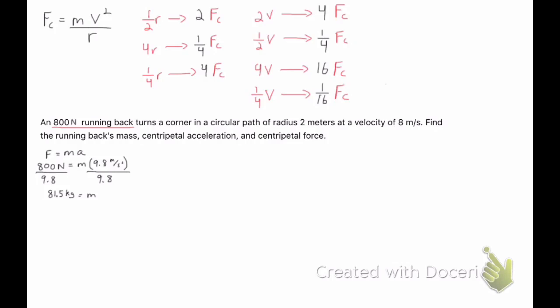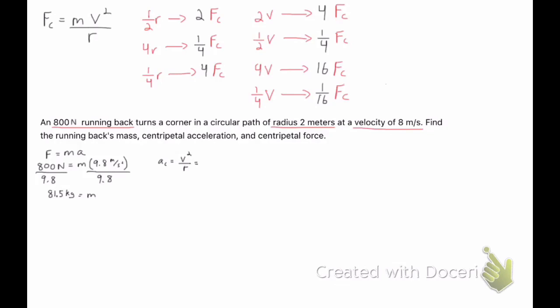So in centripetal acceleration, as we've learned, is a_c equals v squared over r. So what's the information that we need to know? Well, we know that the radius is 2, and we know that his velocity is 8 meters per second. We can underline that in the problem. So we know that the radius is 2 meters, and his velocity is 8 meters per second.